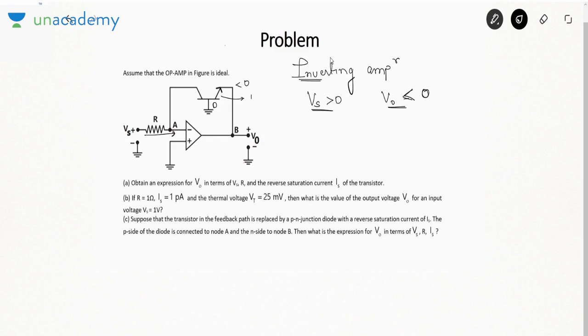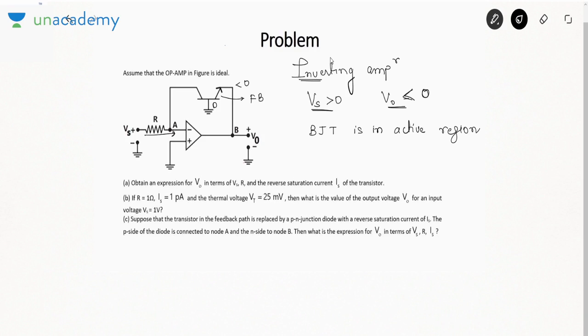So this junction is forward bias. If it is forward bias, BJT will work in active region. In analog electronics, we don't operate BJT in saturation or cutoff. It works as an amplifier, so it will work in active region. Okay. Now let us see what will happen.